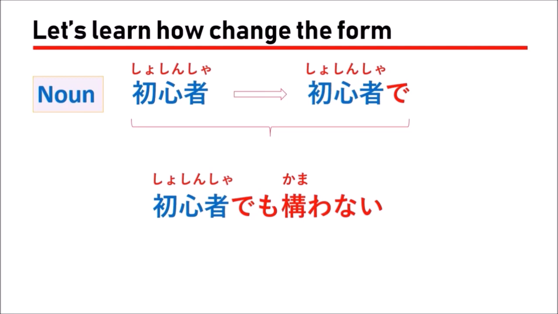So what you have to remember is that when you use a na-adjective or a noun, you should end by de and after that follow by mo kamawanai. And the special one is just the i-adjective, where every time you want to change, you should cut out the i and replace by kute. Now let's see some samples.